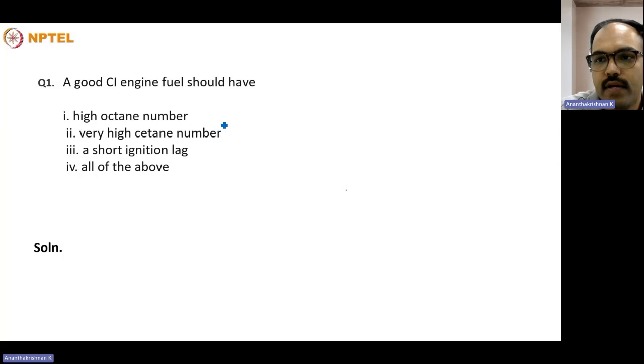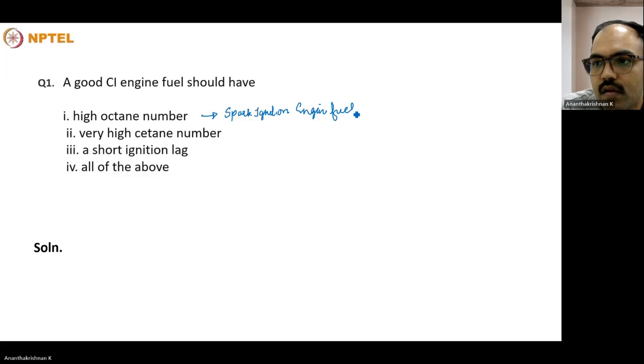A good CI engine fuel should have high octane number, very high cetane number, a short ignition lag, all of the above. So octane number is a property that we use for SI engine fuels, that is, spark ignition engine fuels. If these fuels have a higher octane number, that means they will not have a tendency to knock.